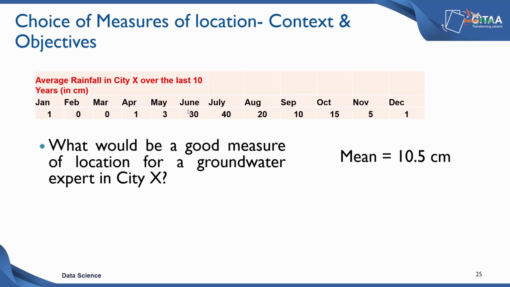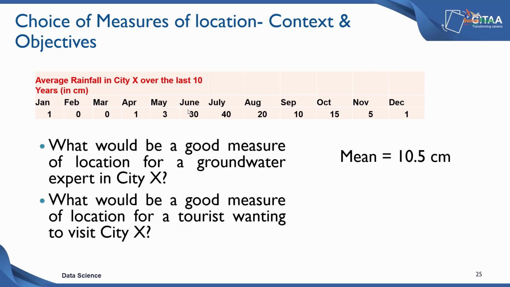But if the same data is being looked at by a tourist who wants to visit city X for the purpose of touring, what do you think would be a good measure of location? So I presume the tourist would be interested in not having her holiday rained out, so she would be looking at months where there is not too much of rainfall, or she might be interested in knowing through the year, is there a large enough period where there are very limited rains.